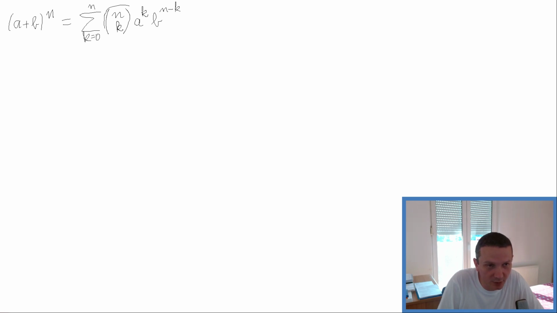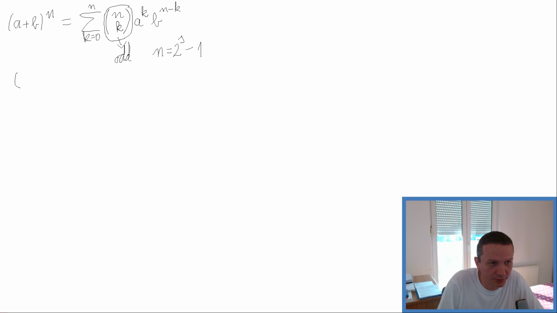So these are the coefficients in the binomial, and all these coefficients are odd in our example. So we need to show that this is the case if and only if n is of the form 2 to the power of s minus 1.